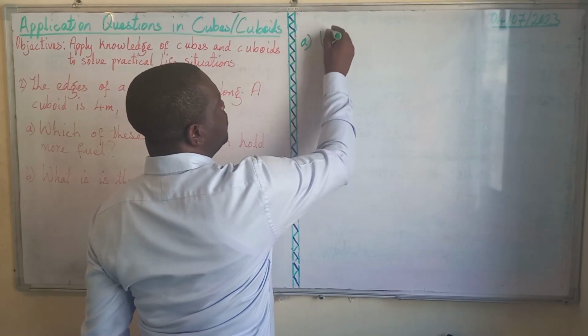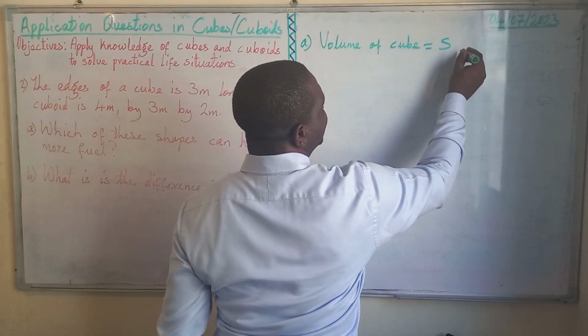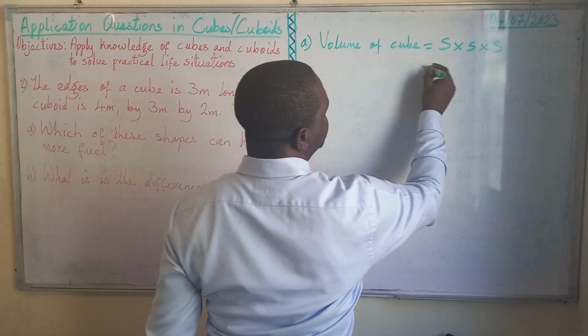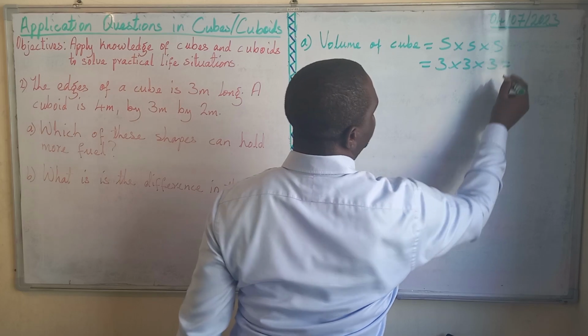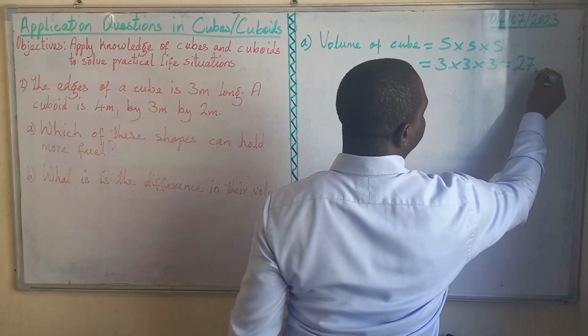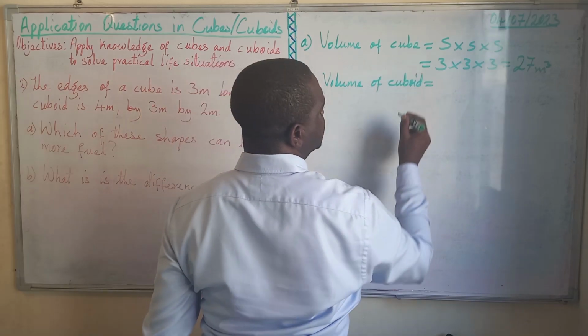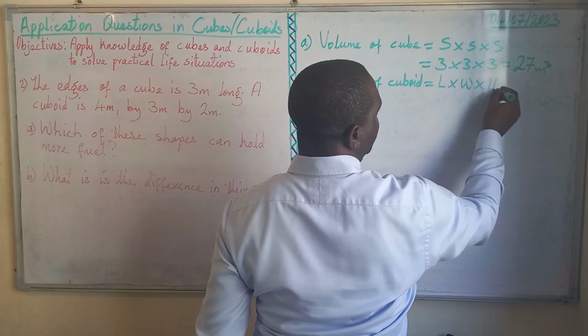A, volume of cube is equal to side times side times side. And if we substitute, it's 3 times 3 times 3, which is equal to 27 meters cube. Volume of cuboid is equal to length times width times height.